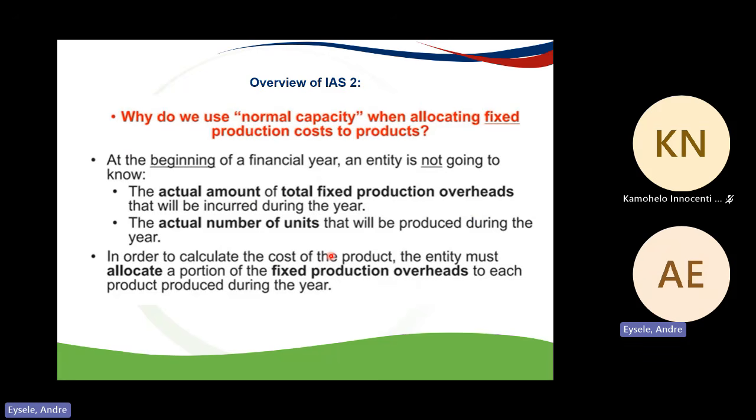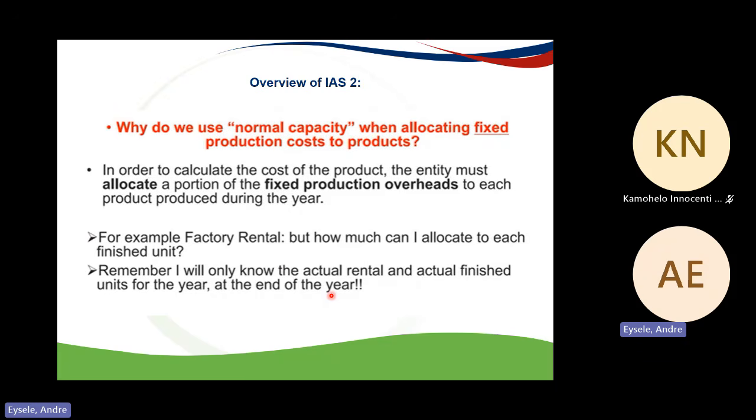In order to calculate the cost of the product, the entity must allocate a portion of the fixed production overheads to each product produced during the year, and then we can make a correction coming towards the end of the year. You don't know whether you're going to make 15,000 units or 20,000 units, but from your best experience, you can produce 15,000 or 10,000. And that is why we use normal capacity.